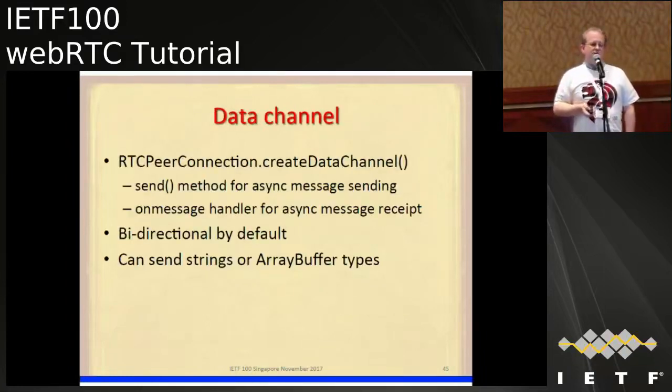So from a JavaScript standpoint, it's one of the peer connection APIs you call create data channel. And what you get back is something that has a send method and an on message. You can set an on message handler. By default, data channels are bidirectional, but you can change that. And you can send any string or any of the various array buffer types.